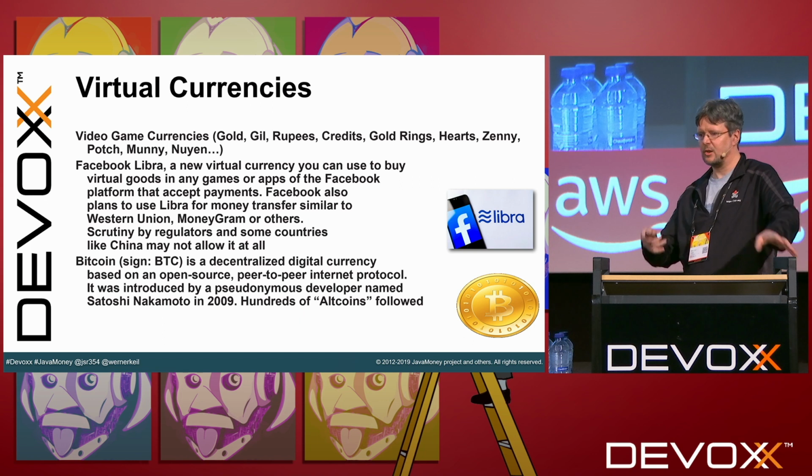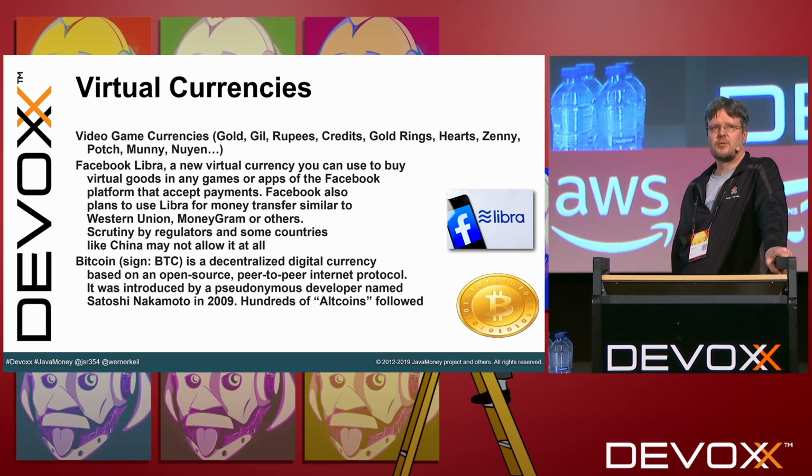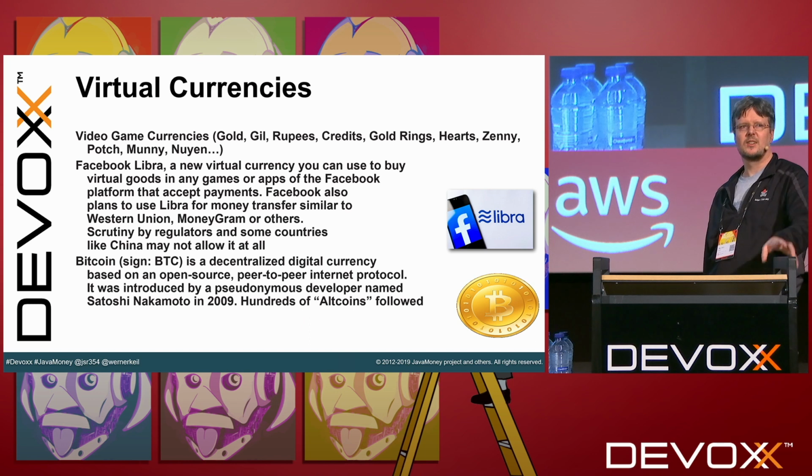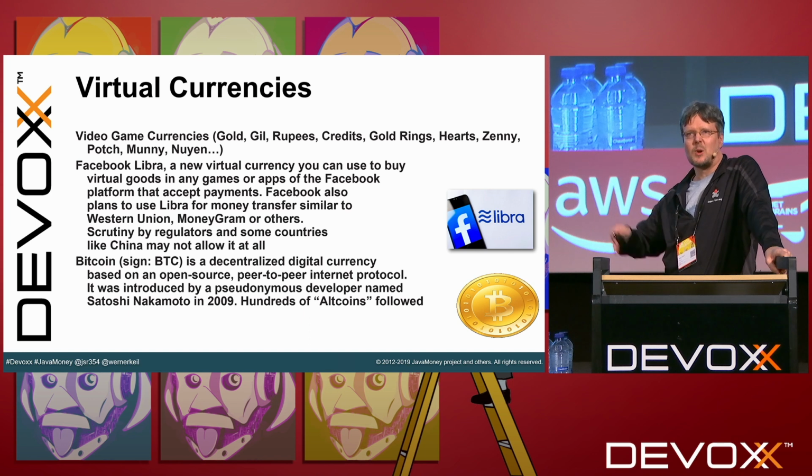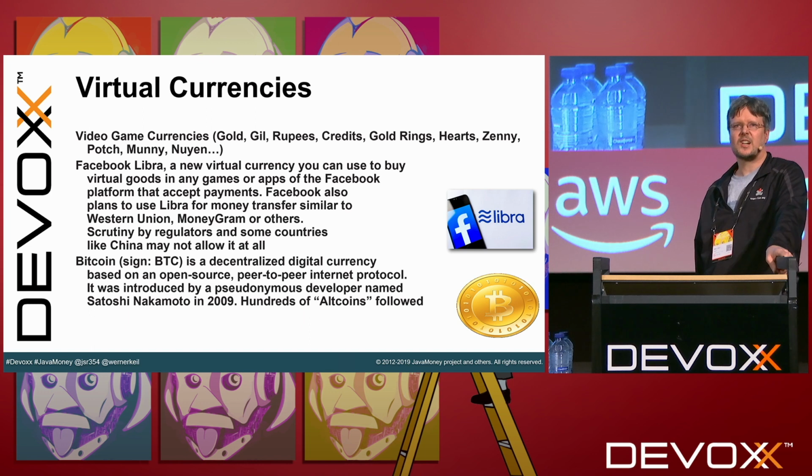Speaking of Bitcoin, yes, there are also virtual currencies that JSR 354 and its implementations support. The Facebook Libra, well, we still have to see whether or not that will come, but if it does, it may also not come in some countries. But if you followed some of the movement around Bitcoin that has happened just in the last couple of days, and I'm not talking about the possible bankruptcy of the self-acclaimed Satoshi, I'm actually talking about the sudden rise of Bitcoin, fueled by some statements by the Chinese government.